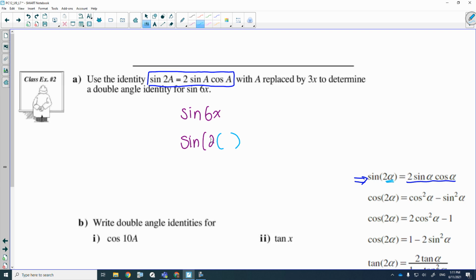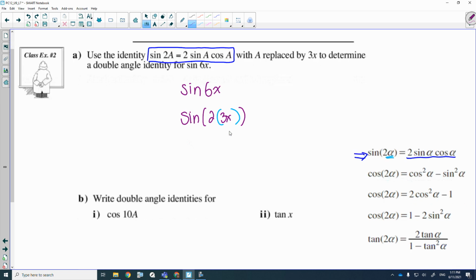If I divide 6x by 2, I get 3x. What I have just done is take the sine of 6x and convert it into the double angle for sine, because 2 times 3x will give you the 6x, but as soon as you have a 2 in front, it becomes a double angle for sine.